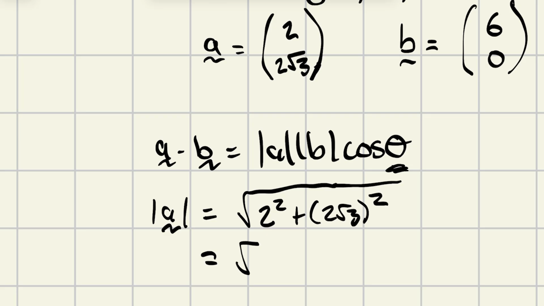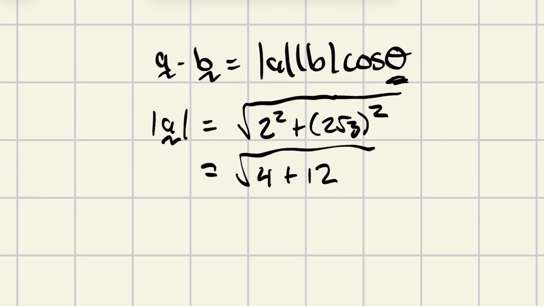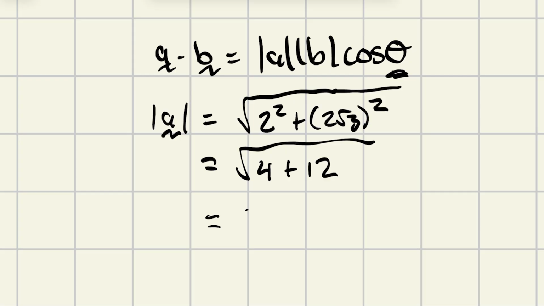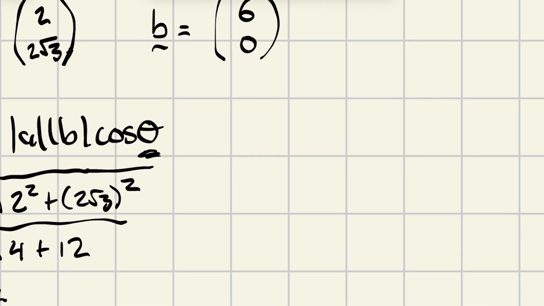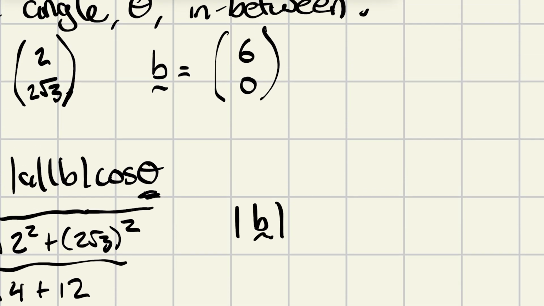Now this is 4 plus 12, which is the square root of 16, which is 4. Let's move on to the magnitude of B. You can sort of just see it from here. When one of the components is 0, you don't need any special formula. The magnitude is just going to be the other number. This number means go right 6 boxes, so we already know the magnitude is 6.